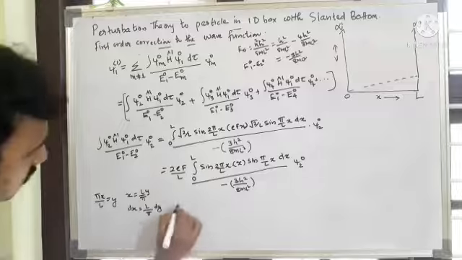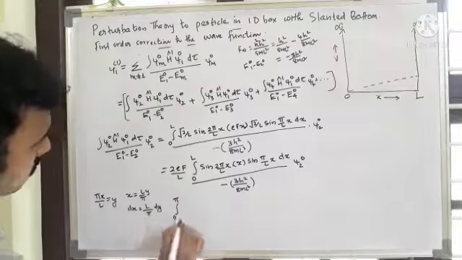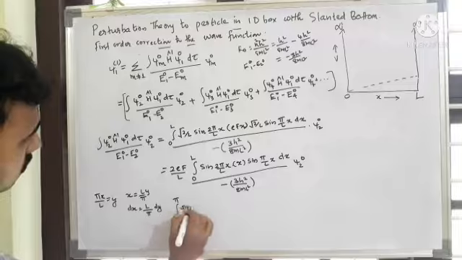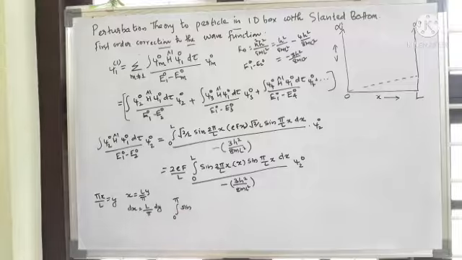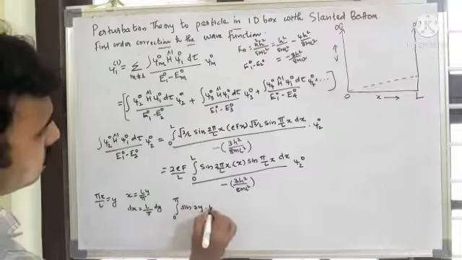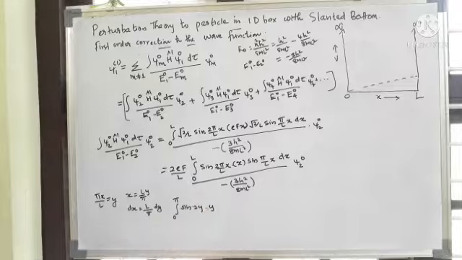Then integral 0 to pi, in place of pi by L x put y, so sin 2y into, in place of x we substitute what?